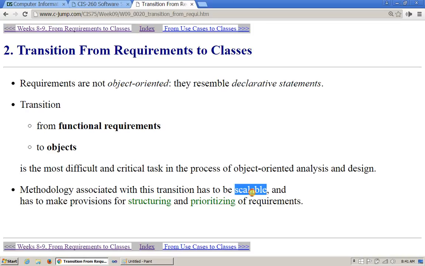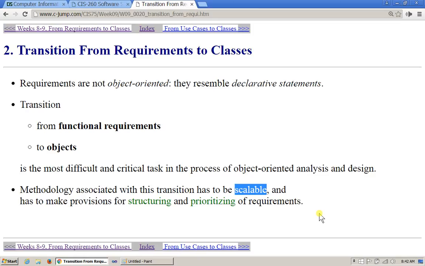And scalability means that any system should be scalable, right? We would like to basically not discover some surprising differences in user requirements when we, say, want to deploy our system in international business, for instance, right?